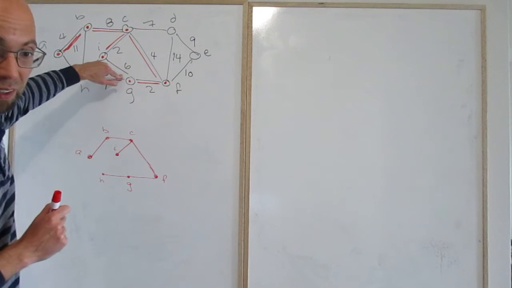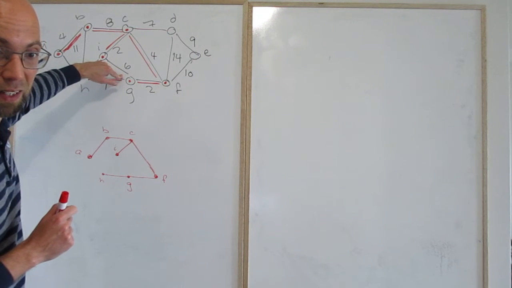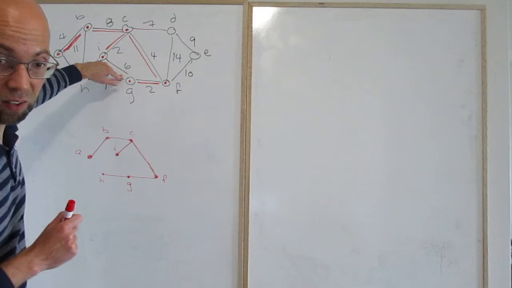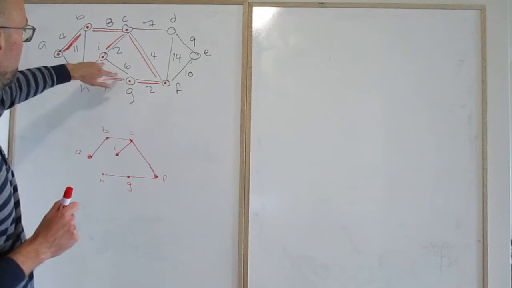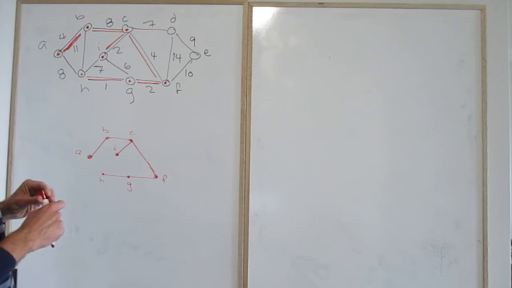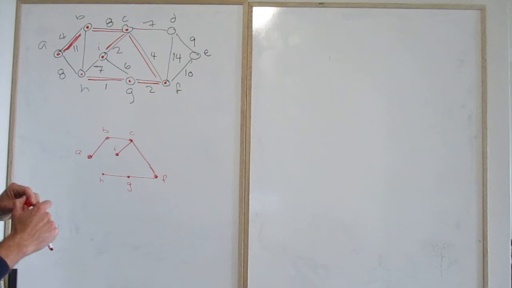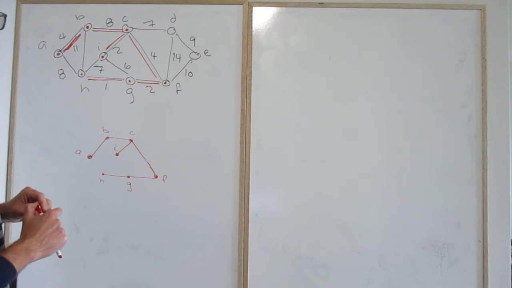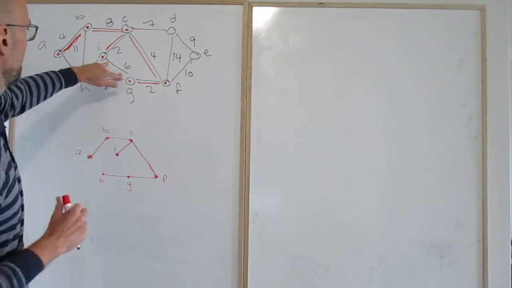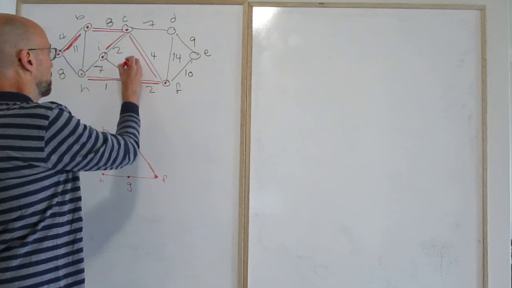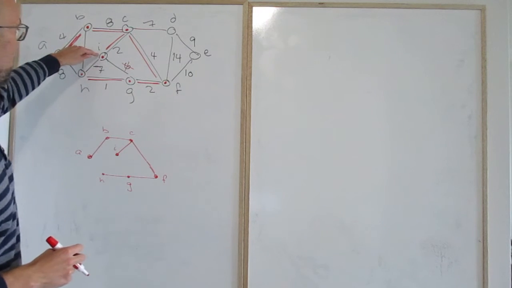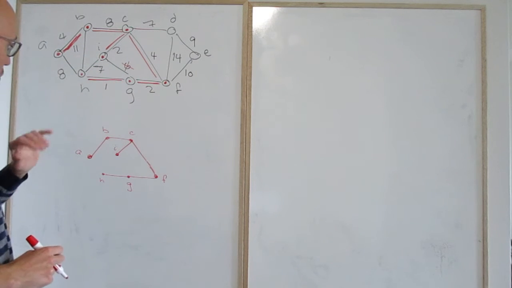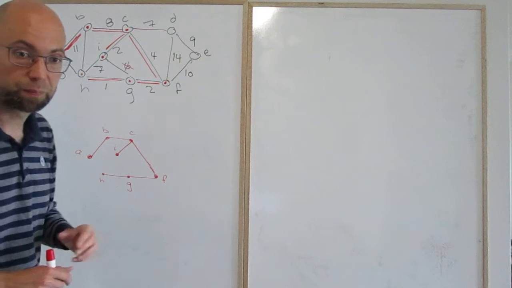What about this one? When it creates a cycle, so we're going to process IG next because I think it's next in order, and we're not going to take it because I is already in my tree and G is already in my tree, so we can't take it. It would create a cycle.